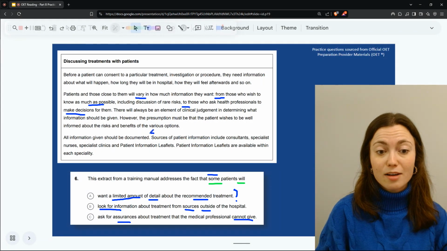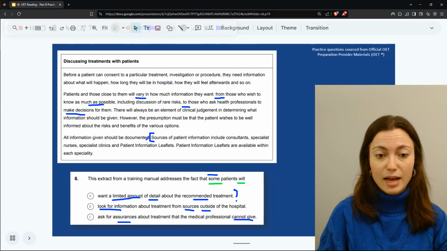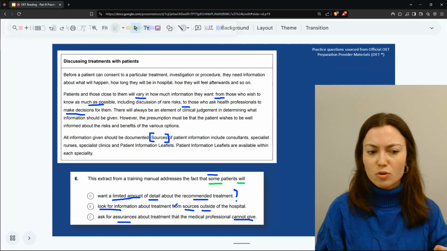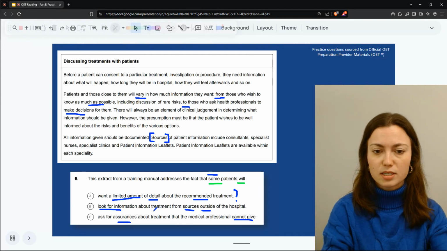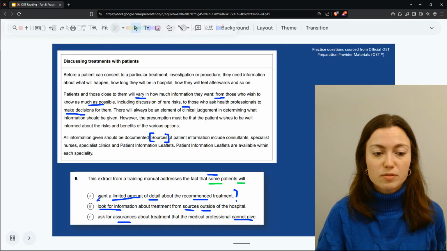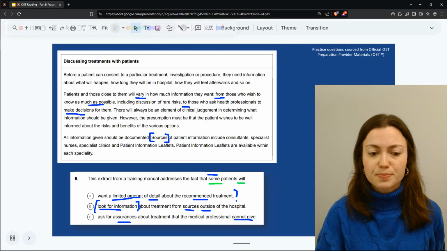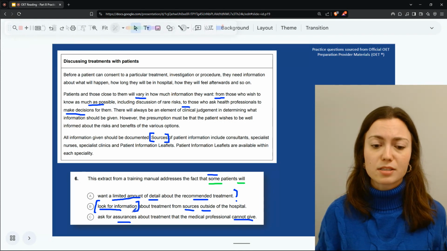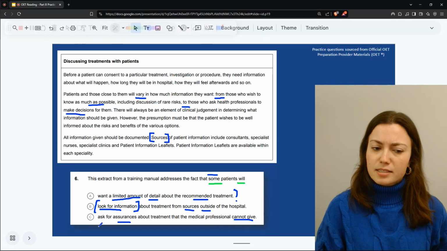No. So we have, again, a distraction here. We have the word sources, but there's no indication that it's some of these patients going and doing this. It's just a statement here about what the type of sources are. So be very careful. Just like what we've seen, parts of the option eliminate it as a good option for the answer there.